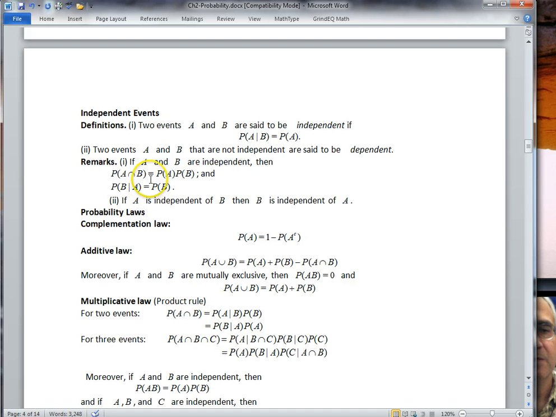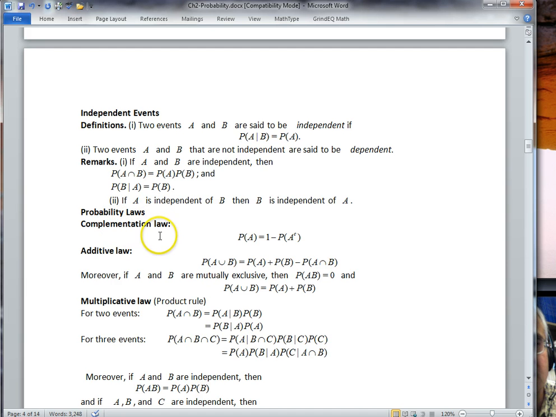So that's where this comes from. And of course, if A is independent of B, then B is independent of A. So that means P of B given A would be P of B.